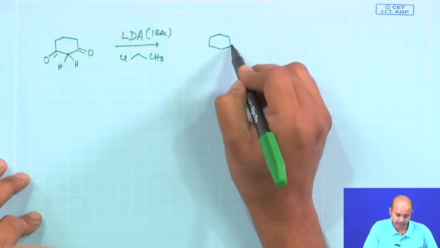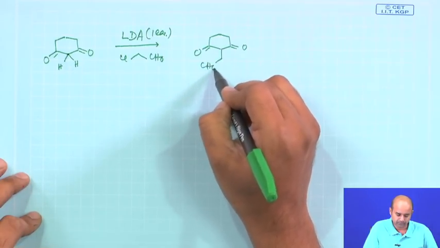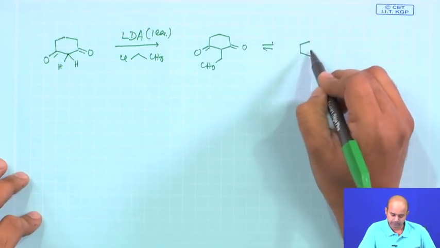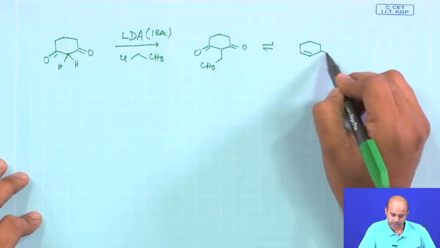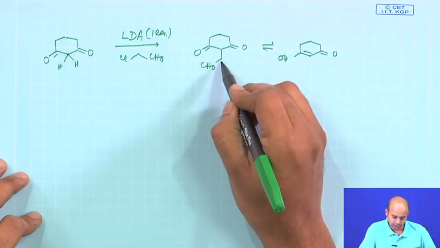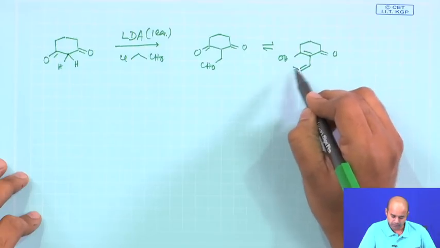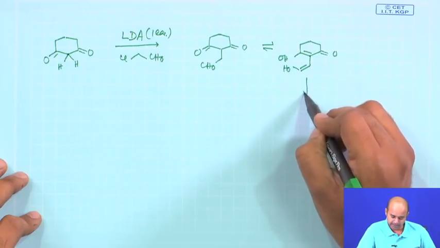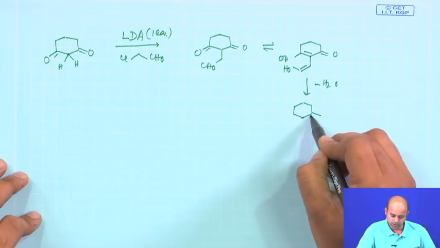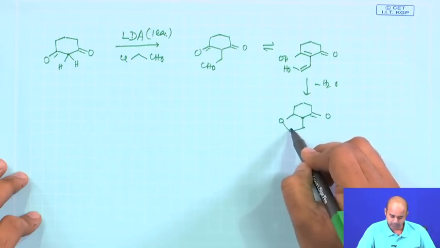So, you will get the corresponding alkylated product, and then you allow this compound to enolize. It basically forms this enol, and this aldehyde also will enolize to give you this, and then a simple dehydration reaction will give you the furan core, this furan part in this molecule.